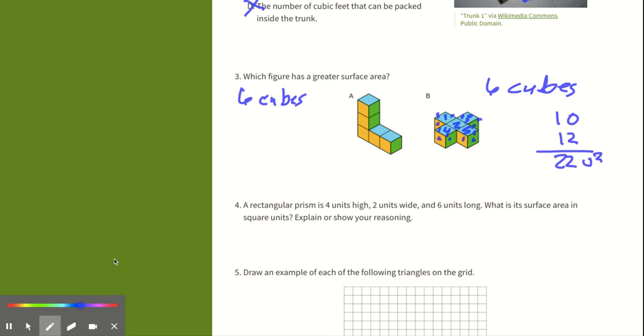So the back here is 3, 4, 5, 6, that's the bottom, 7, 8, 9, 10, 11, 12, right? And then you have the 2 areas on the side, so you have 12. And then this area of 5, that area of 5, which is 10. So that comes up to 22 units squared as well, which means I probably missed something.